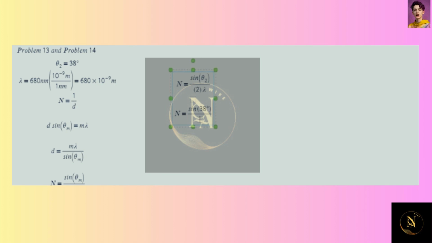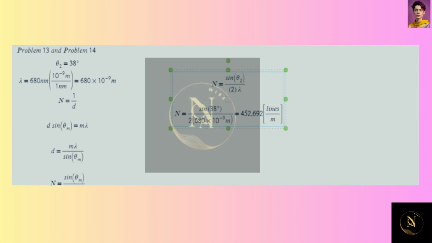It's going to be over 2 times lambda. And the units for this quantity are going to be inverse meters, or lines per meter. So when we calculate this, we get approximately 452,692 lines per meter.